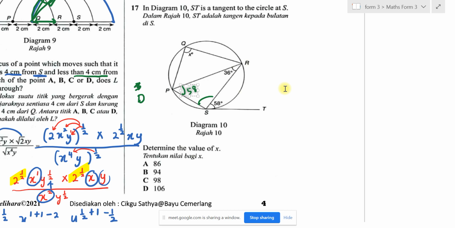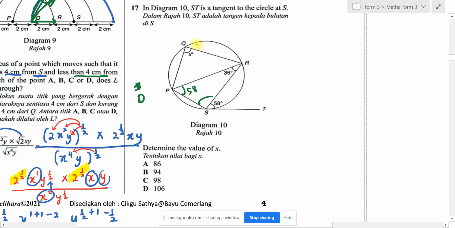Is all the information correct? 180 minus 94. So we have one of the properties. 36 here. This is a cyclic quadrilateral.